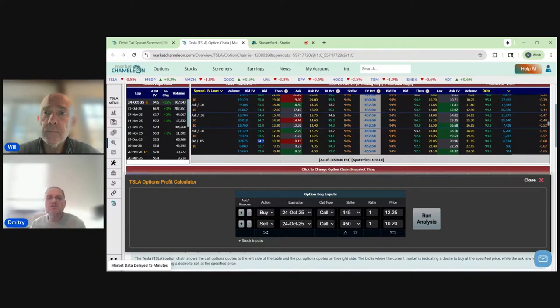We have tighter markets, and the implied volatility leans give you better value, right? You're buying one for a lesser price, selling for a higher price.